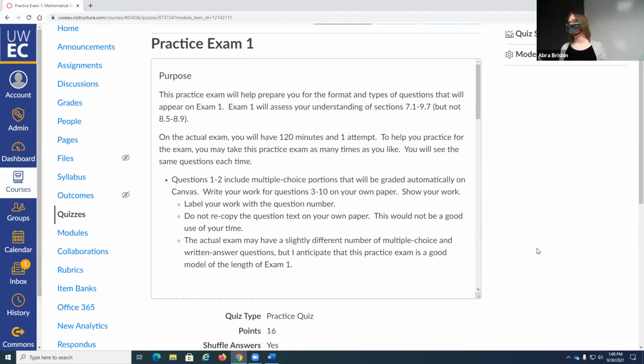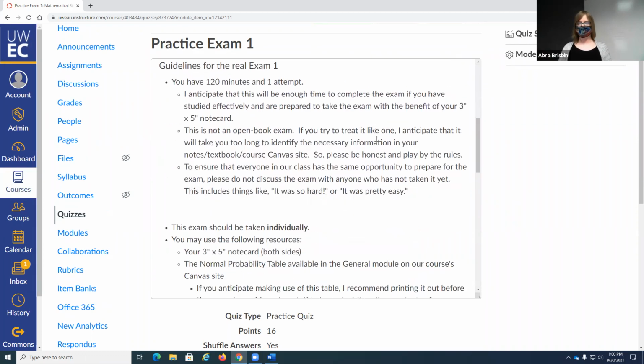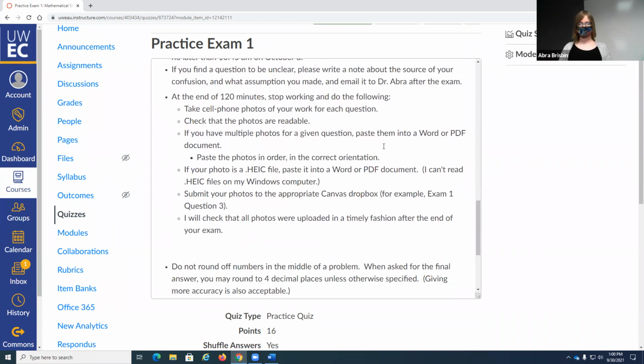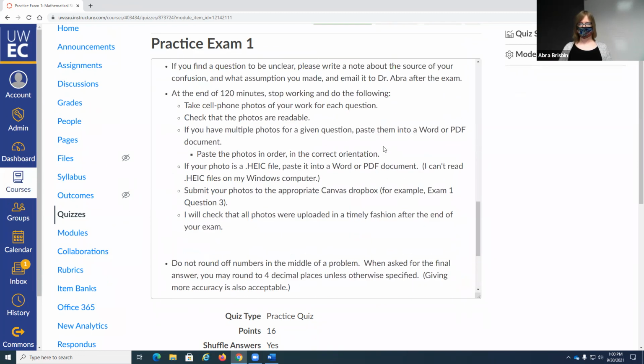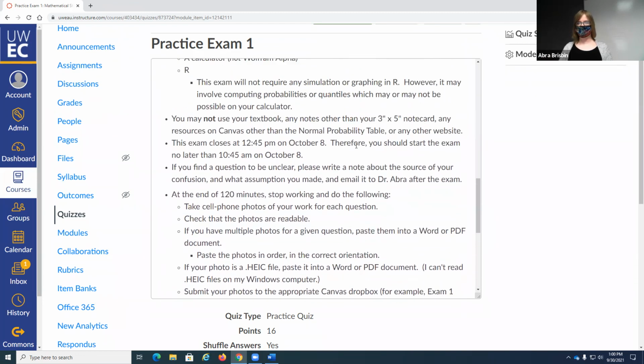It is going to be an online exam, so you can take it during a lab time next week if you want, or you can take it during any 2-hour block that you choose between the end of class on next Wednesday, October 6th, and 15 minutes before the start of class next Friday on October 8th.